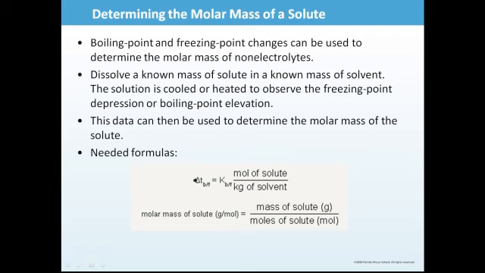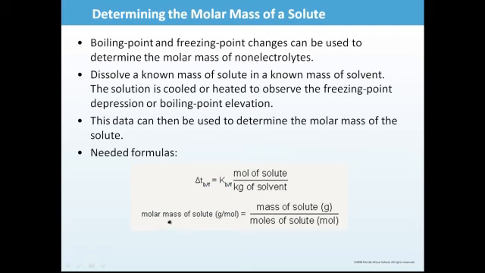So, the two formulas we have to use. We're taking the formula that we have been using and just expanding it. Instead of saying molal over here, we're putting in the formula for molal: moles of solute over kilograms of solvent. So it's still delta T, B or F, whichever one you're working with, times the K, multiplied by the moles over the kilograms.